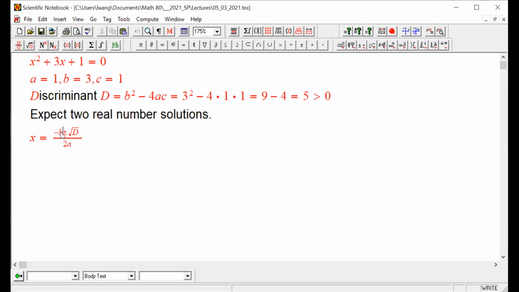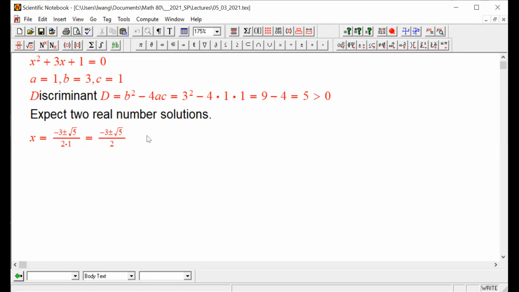And over here, I'm going to plug in the numbers. b is 3, D is 5, and a is 1. You see, it's very easy to just put things in place. It looks better organized. So negative 3 plus minus square root of 5, and the denominator is 2. Then we're done.